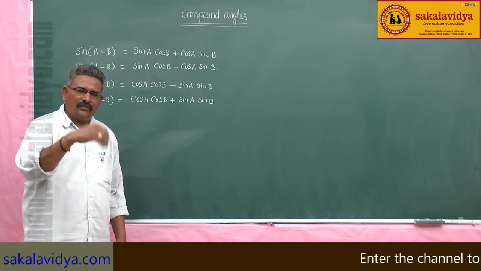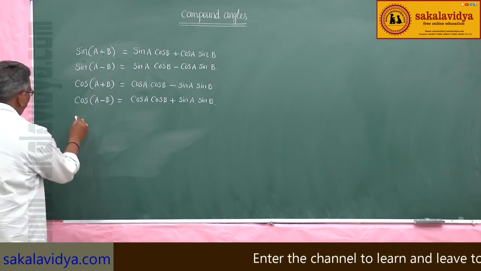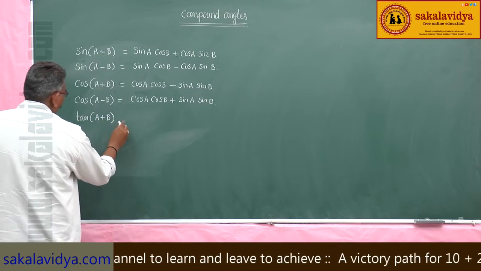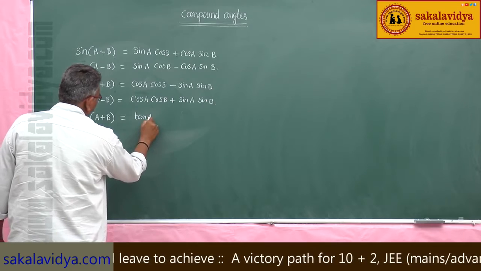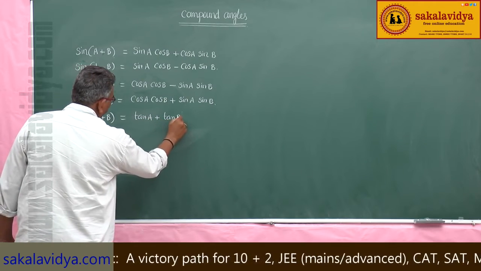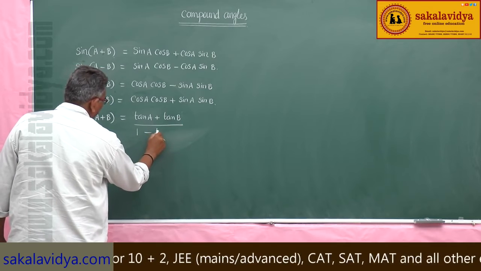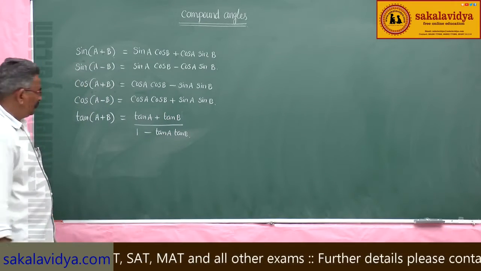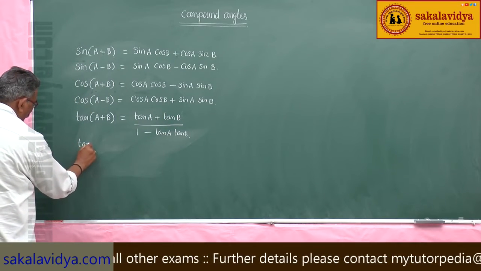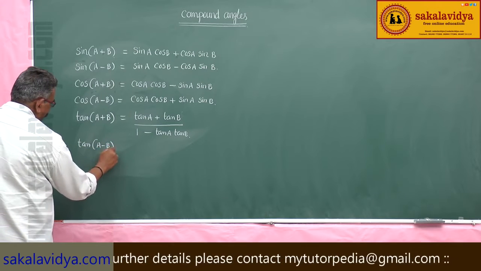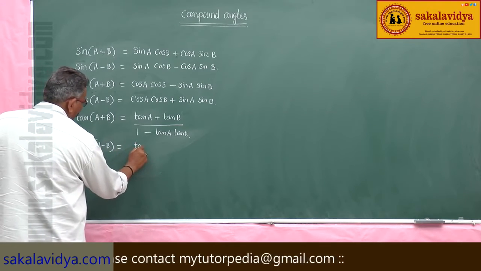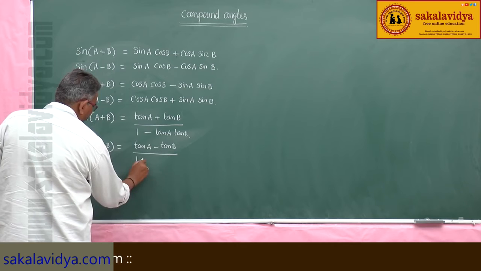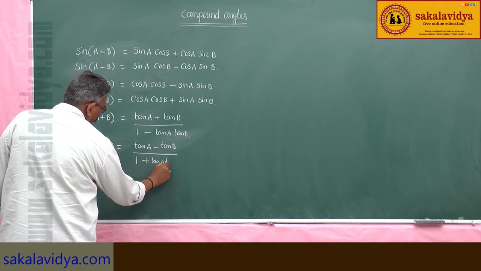Yes, we can define tan of A plus B also. Tan of A plus B equals tan A plus tan B by 1 minus tan A tan B. So now tan of A minus B. Tan of A minus B is equal to tan A minus tan B by 1 plus tan A tan B.